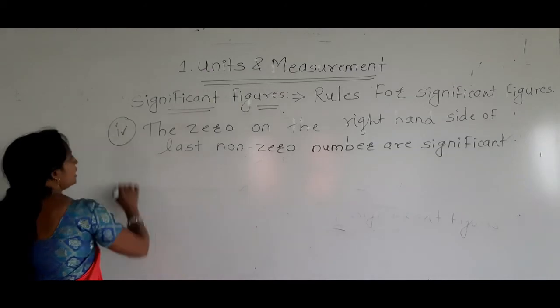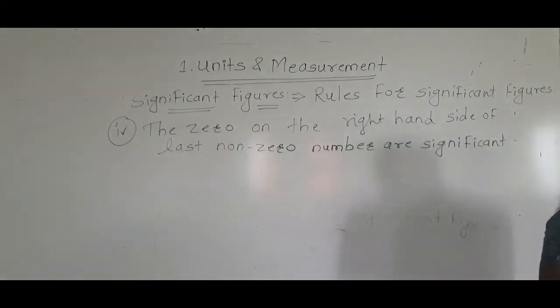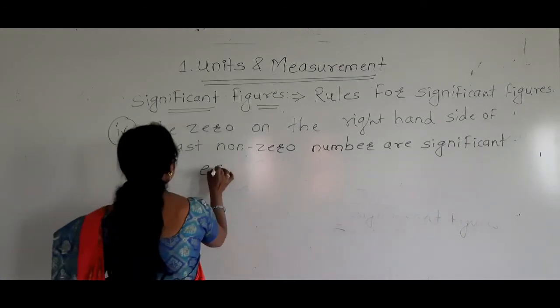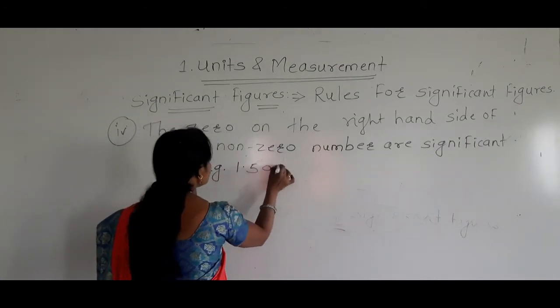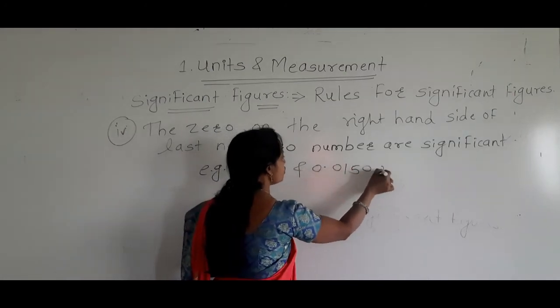What is the rule? Zeros on the right hand side of the last non-zero number are significant. Therefore, for example, let us consider 1.500 and the number 0.01500.